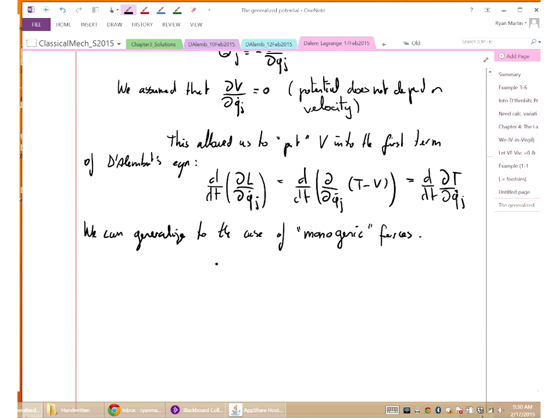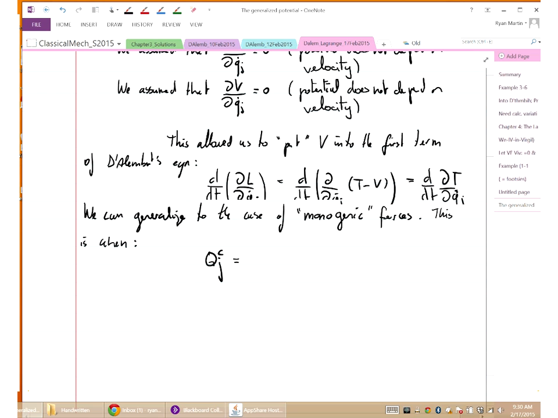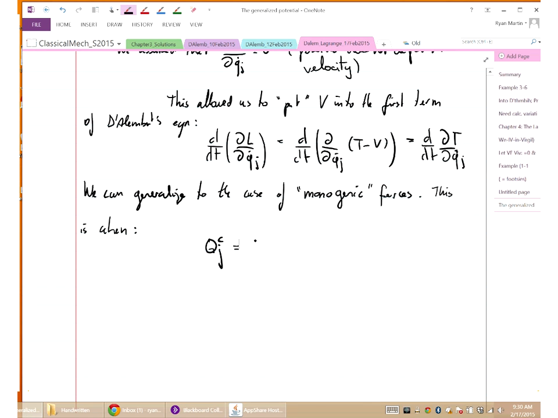Monogenic forces are the forces where the generalized force, this is when we can write the conservative parts of the generalized force. Instead of conservative, we say monogenic.